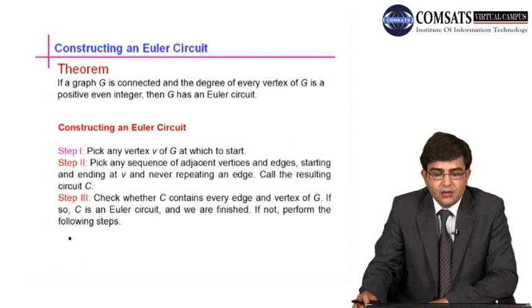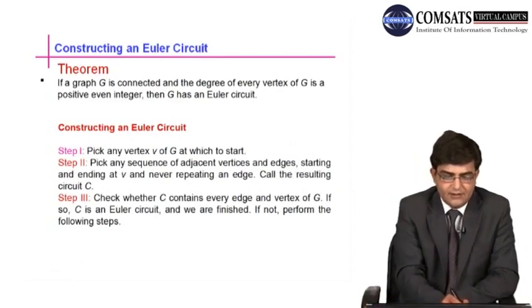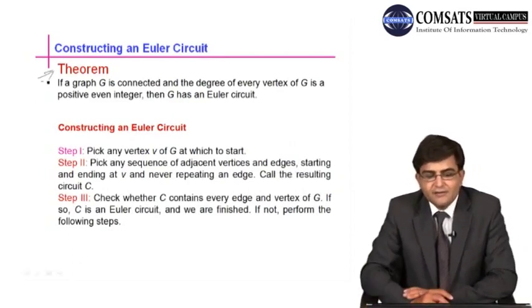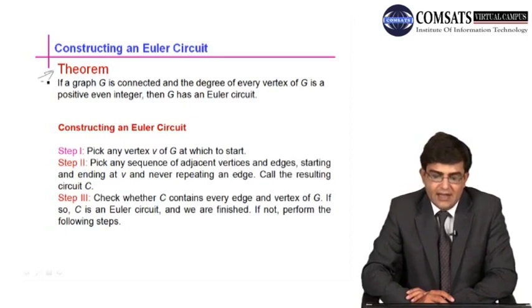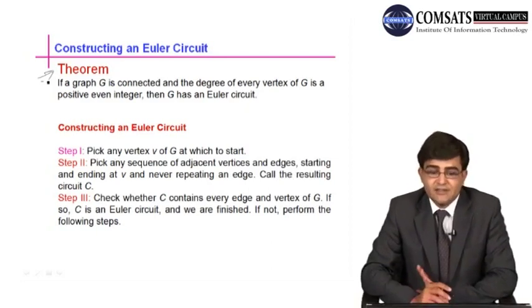According to this theorem, if a graph G is connected and the degree of every vertex of G is a positive even integer, then G has an Euler circuit. So this theorem gives us complete information on when a graph G has an Euler circuit, that is, when the graph is connected and every vertex of G has even positive degree.